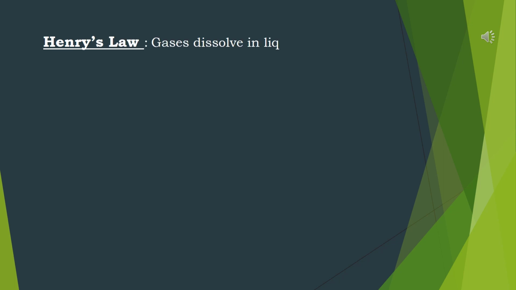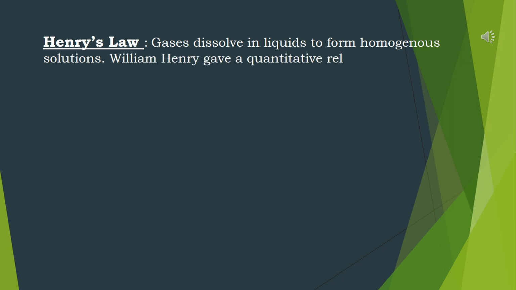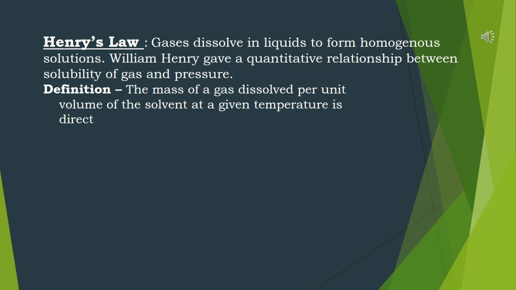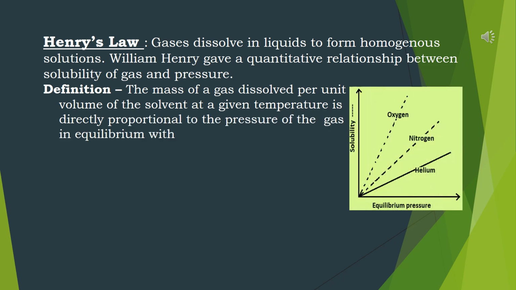Gases dissolve in liquids to form homogeneous solutions. William Henry gave a quantitative relationship between the solubility of gas and pressure. The definition of Henry's law is: the mass of a gas dissolved per unit volume of the solvent at a given temperature is directly proportional to the pressure of the gas in equilibrium with the solution.